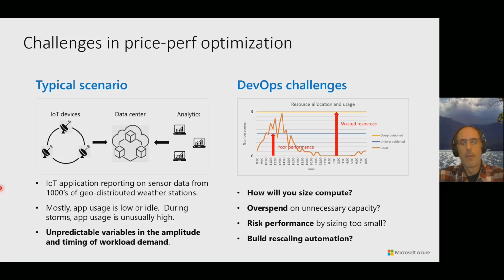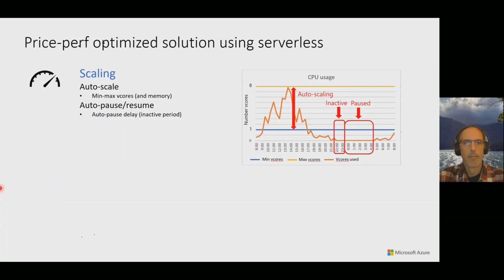But this involves monitoring and workflow orchestration of rescaling, which of course adds to development costs and operational complexity. So that's just the kind of scenario that serverless is intended to address.